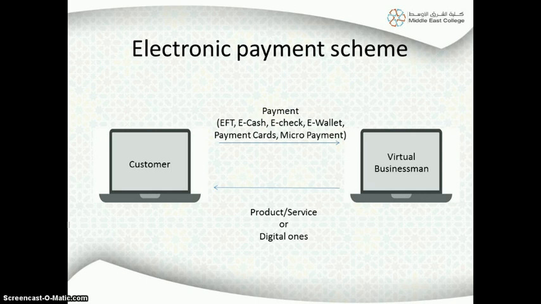Although these systems are in their immaturity, some significant development has been made. There are several methods and tools that can be used to enable an electronic payment system for its implementation. So this diagram illustrates how the electronic payment scheme works.